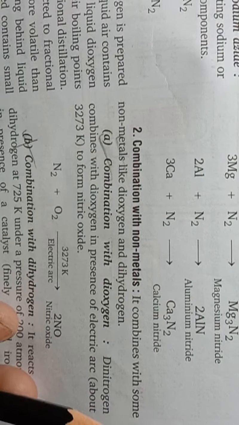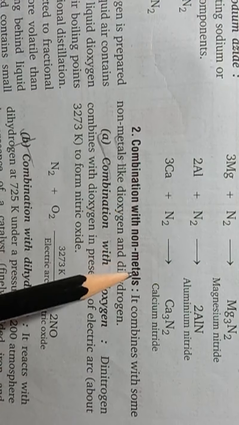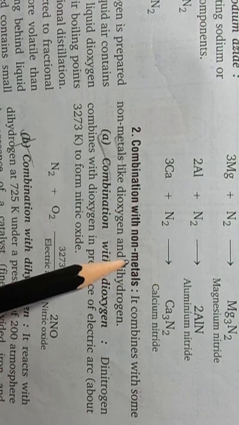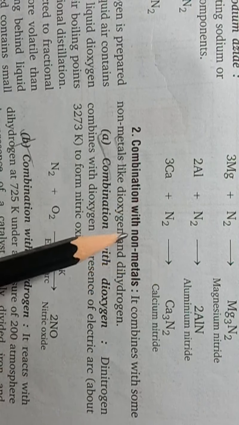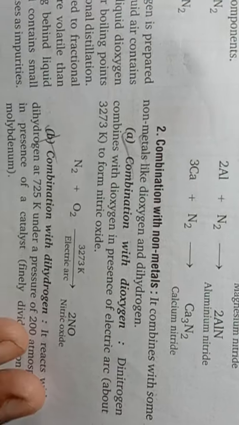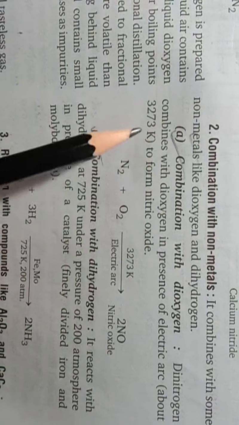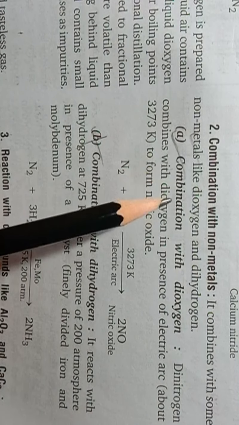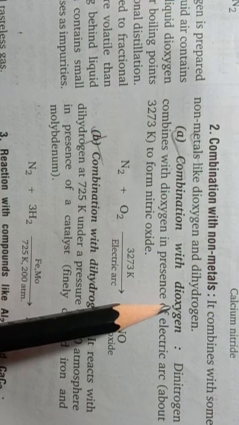The next is combination with non-metals. Nitrogen reacts with non-metals, forming their compounds, and the first reaction is combination with dioxygen.